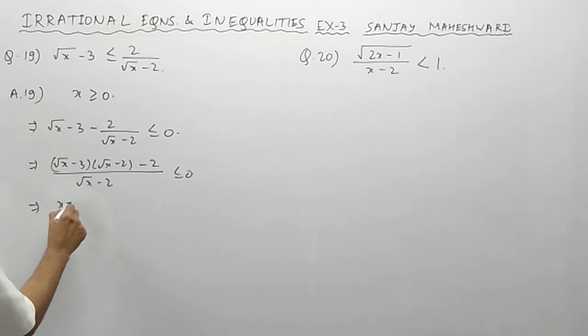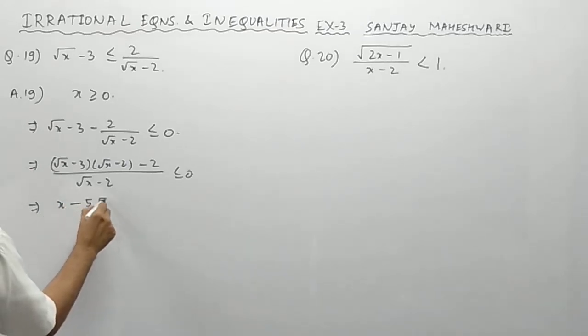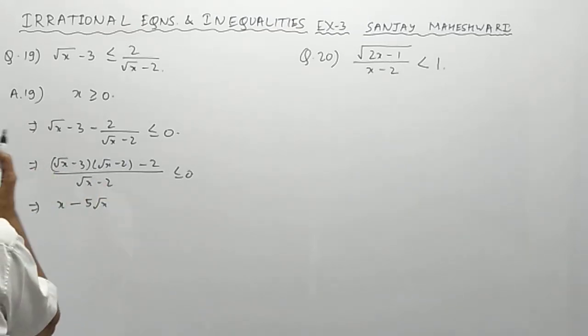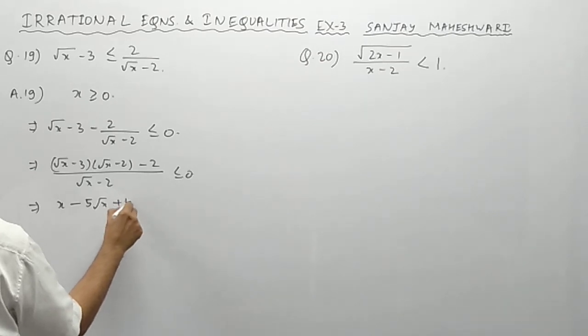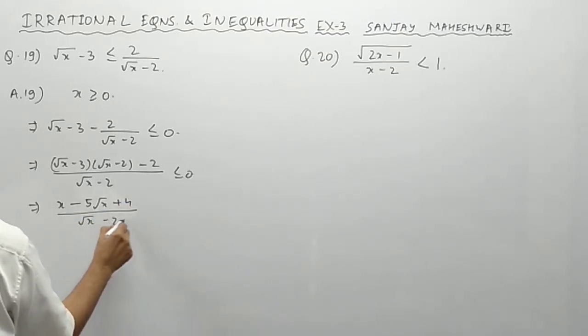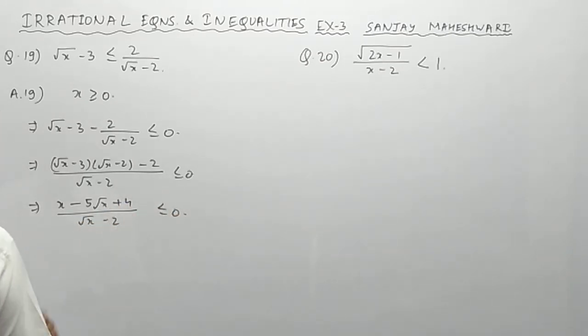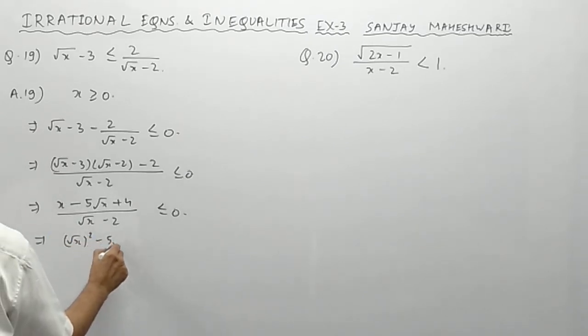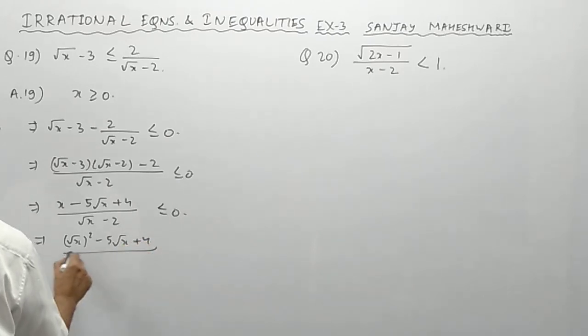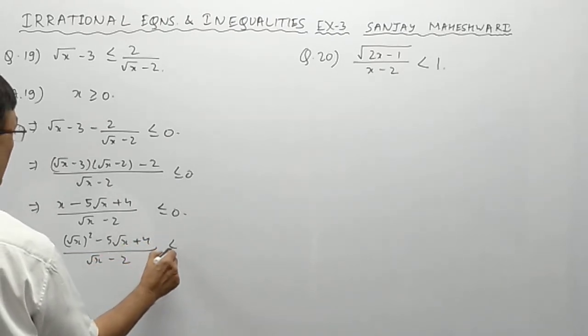This gives us x minus 5 root x plus 6 plus 4 divided by root x minus 2 less than or equal to 0. So this is root x square minus 5 root x plus 4 divided by root x minus 2 less than or equal to 0.